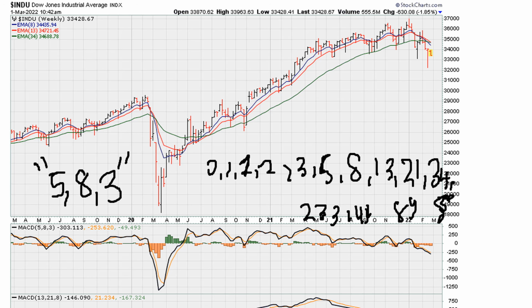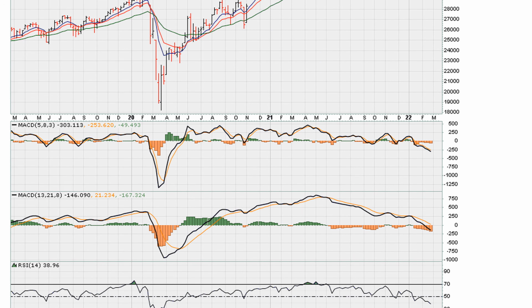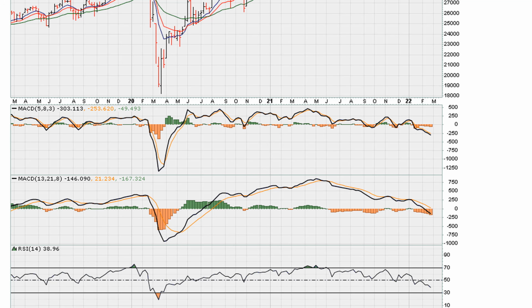So on this one, I'm using 3, 5, 8. In the next one, my main MACD is 13, 21, and 34. That's my setting, and you can see it is similar to the traditional MACD setting, which you find in most default MACD settings of 12, 26, and 9.